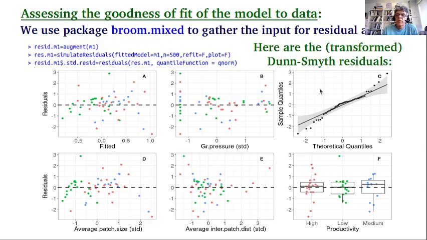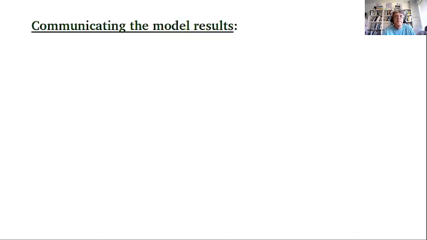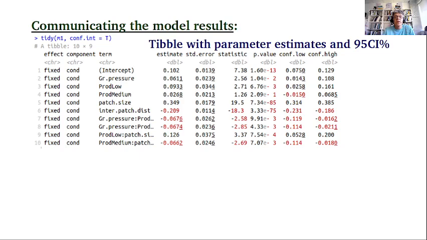Now commenting on plot C, this QQ plot shows that the majority, but not all, of these transformed Dunn-Smyth residuals seem to have a normal distribution, which suggests that, all in all, from these 6 plots the model has a very good fit to the data, or at least very close to excellent.